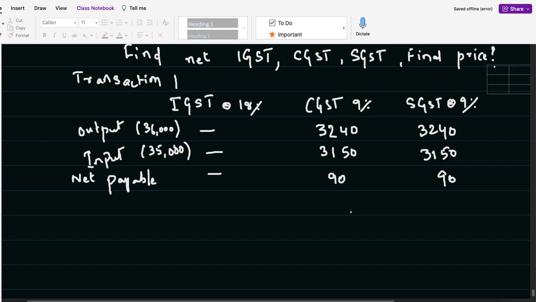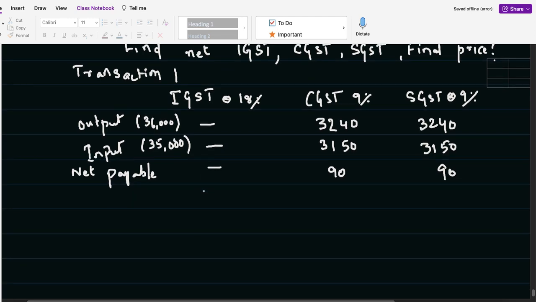Now this is transaction 1 which has happened. What about the next transaction? That is the transaction from Nagpur to Indore, which is interstate.